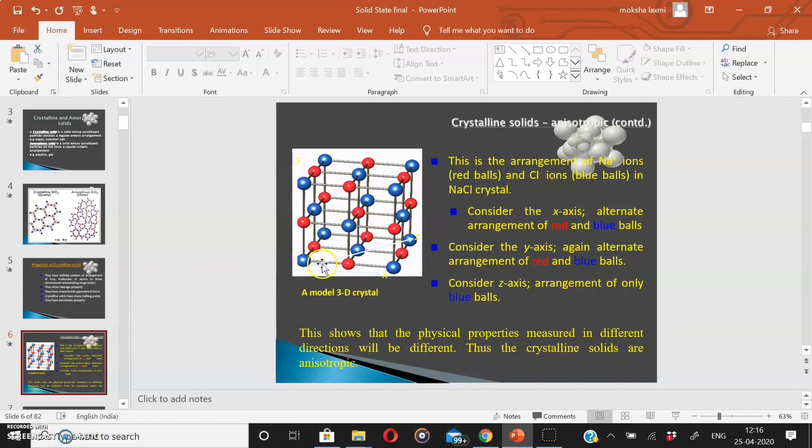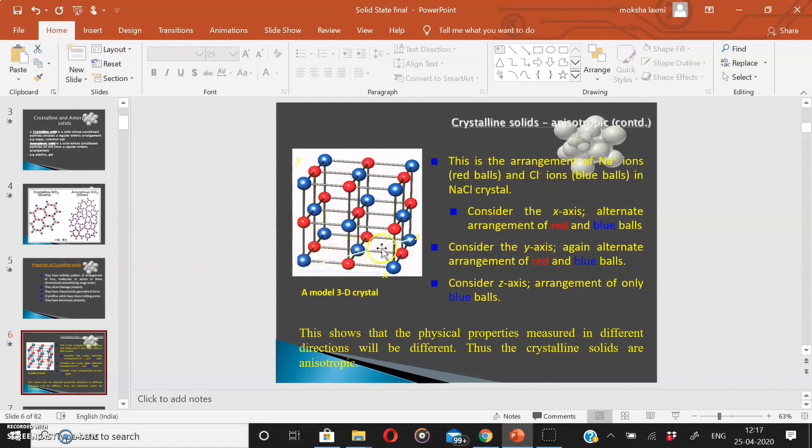Along the x-axis, if you see the arrangement of red and blue balls, that is sodium and chloride ions, they are alternately arranged. In the same manner, on the y-axis, the arrangement of sodium and chloride ions is in alternate manner: blue, red, blue.